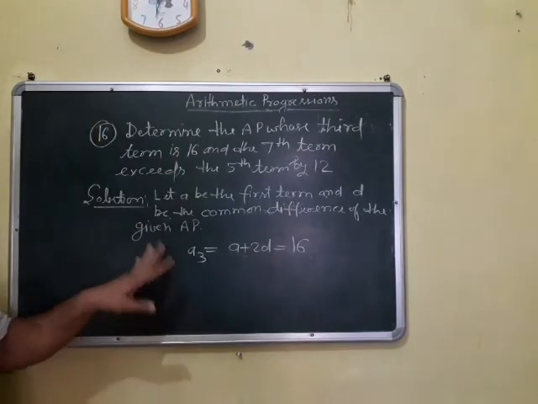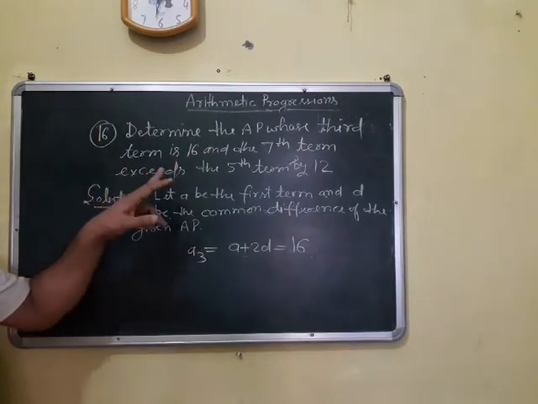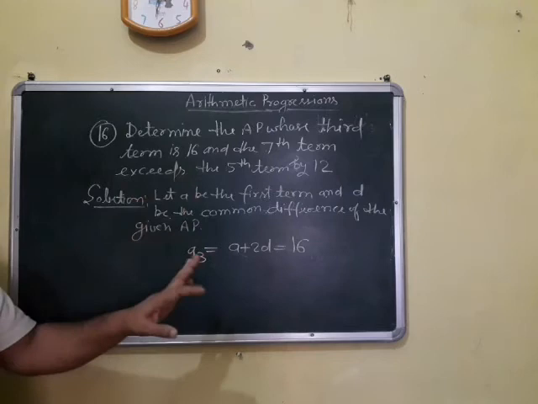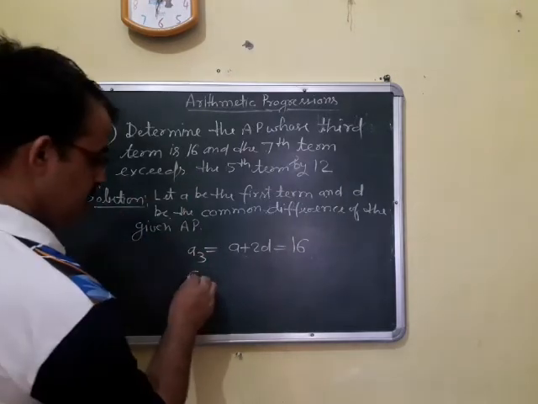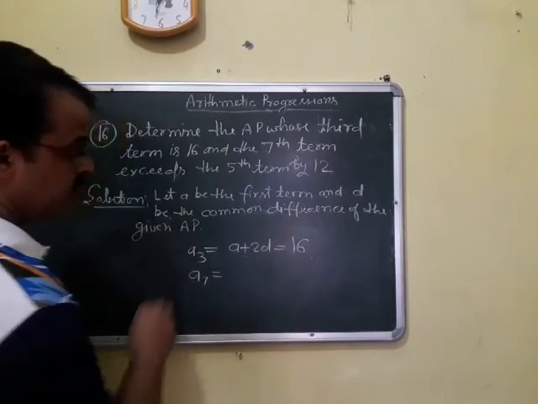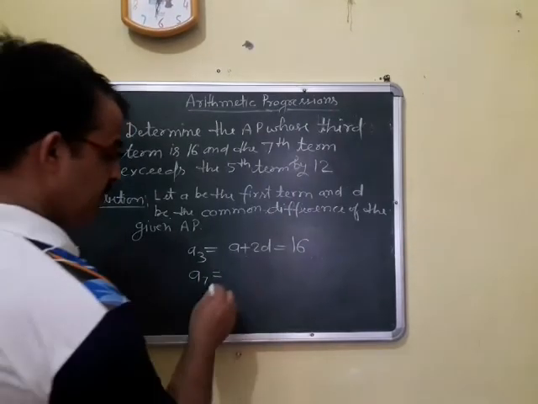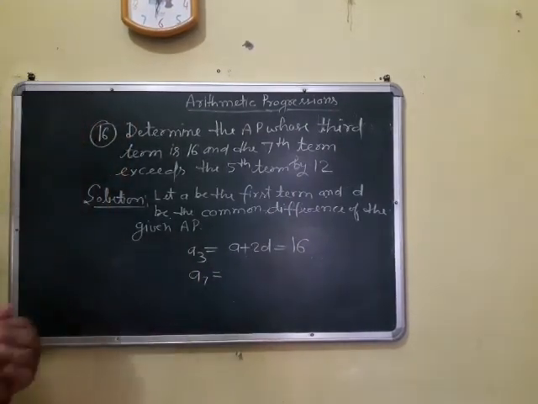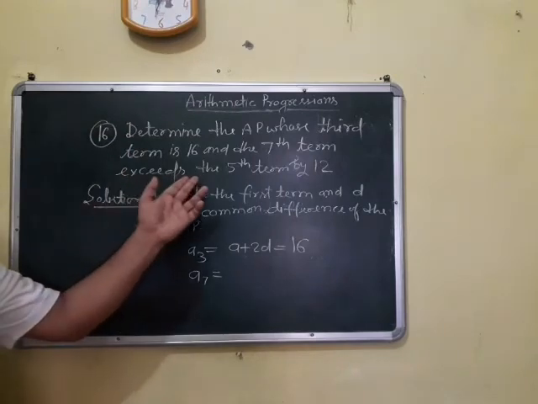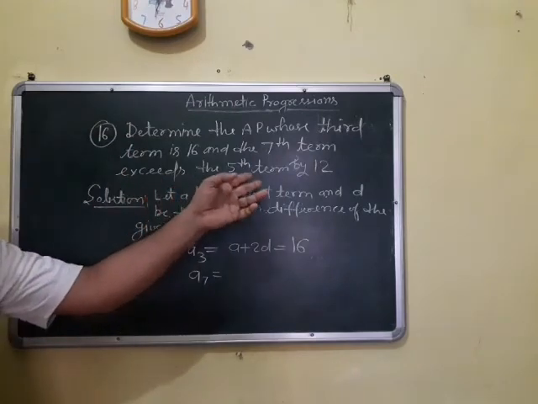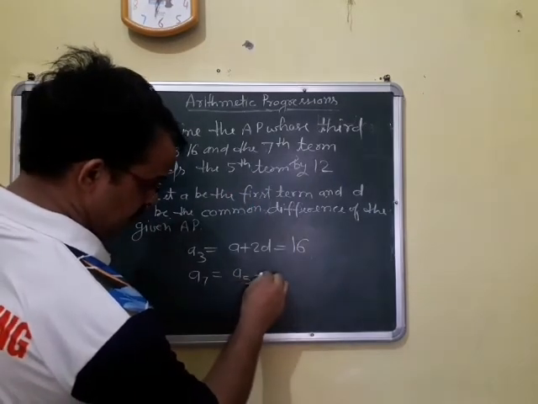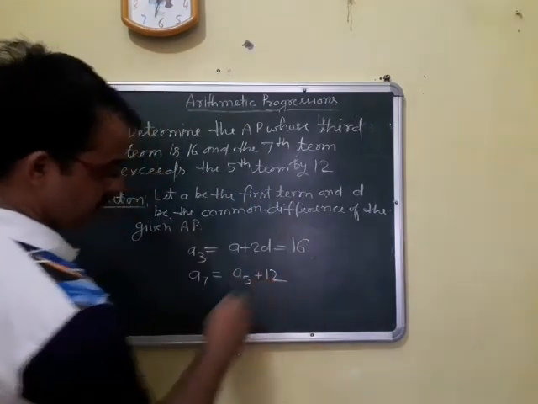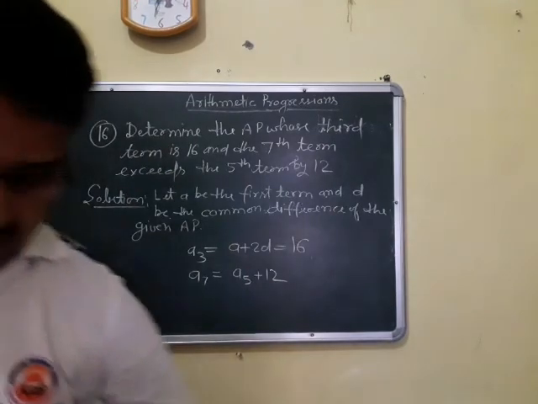Now next one, the seventh term exceeds the fifth term by 12. So the seventh term we write, it exceeds the fifth term, so fifth term plus 12. This one is right here.